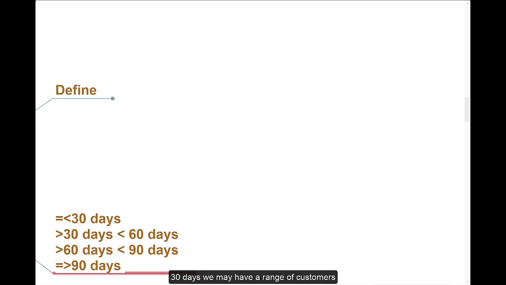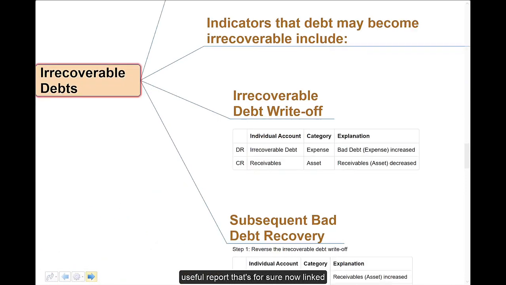We may have a range of customers between 30 days and 60 days. We may have some perhaps even over 60 days, between 60 days and 90 days, or some over 90 days. This is about risk. This is about analyzing where your risks are and really focusing your credit control efforts in the right area. A very, very useful report, that's for sure.